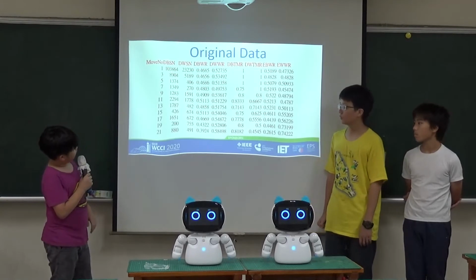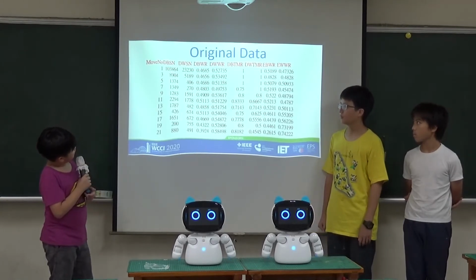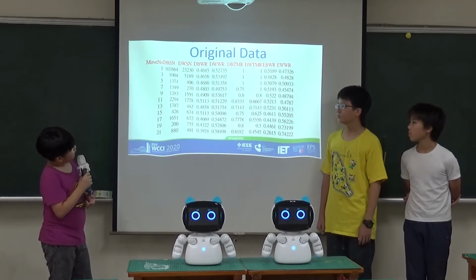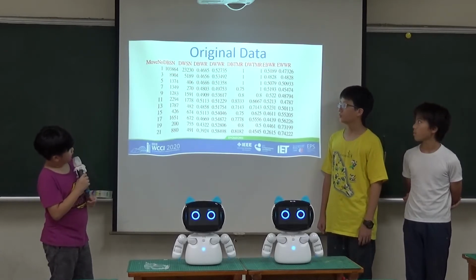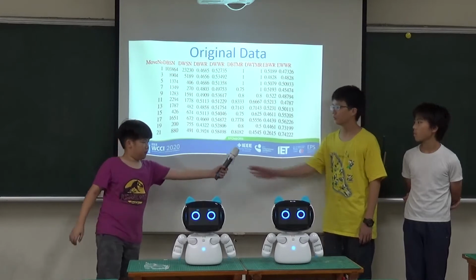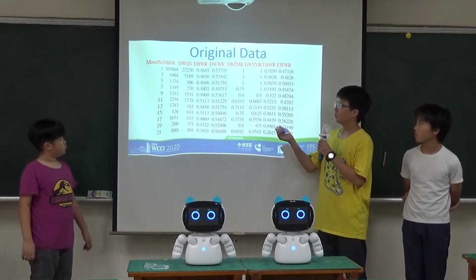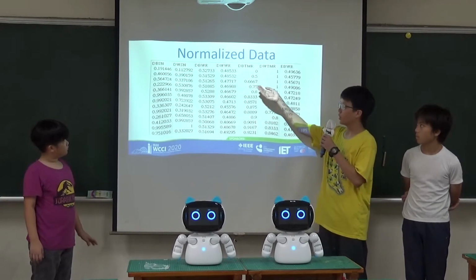This is our original data. We have DBSN, DWSN, DBWR, DWWR, DBTM, DWTM, EBWR, and EWWR. This is our normalized data.